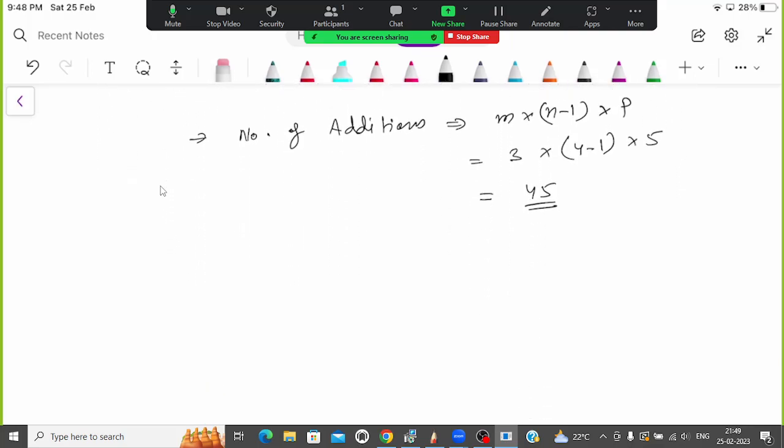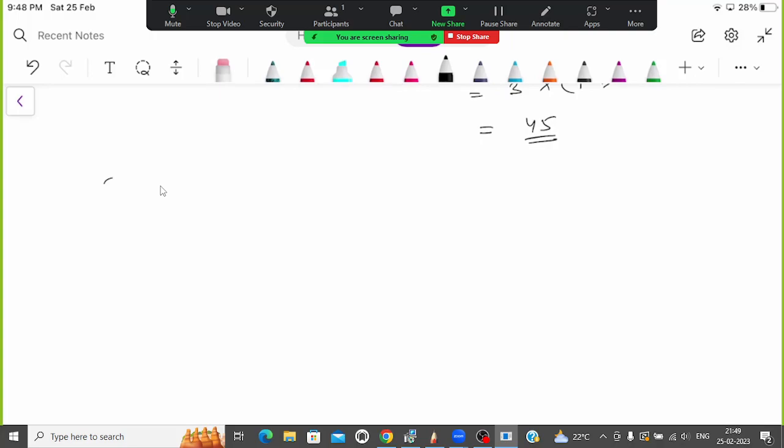Another question. Suppose you have a matrix A which is a 2 cross 3 matrix, matrix B which is a 3 cross 4 matrix, and matrix C which is a 4 cross 3 matrix.